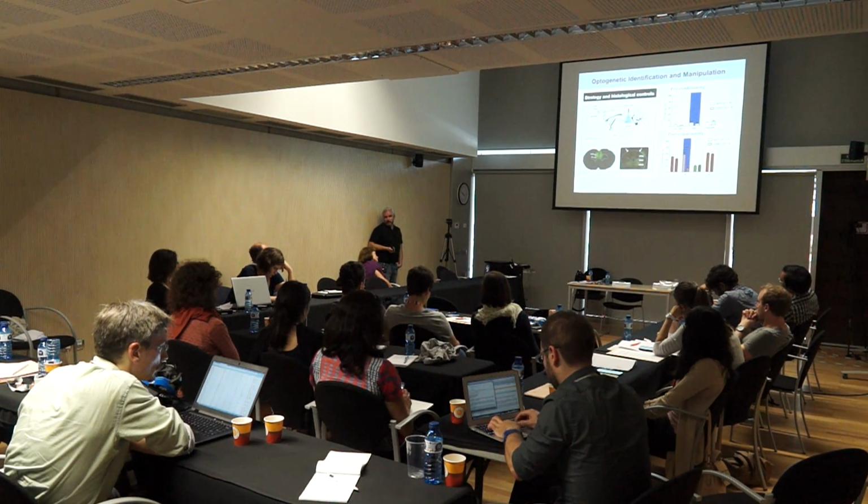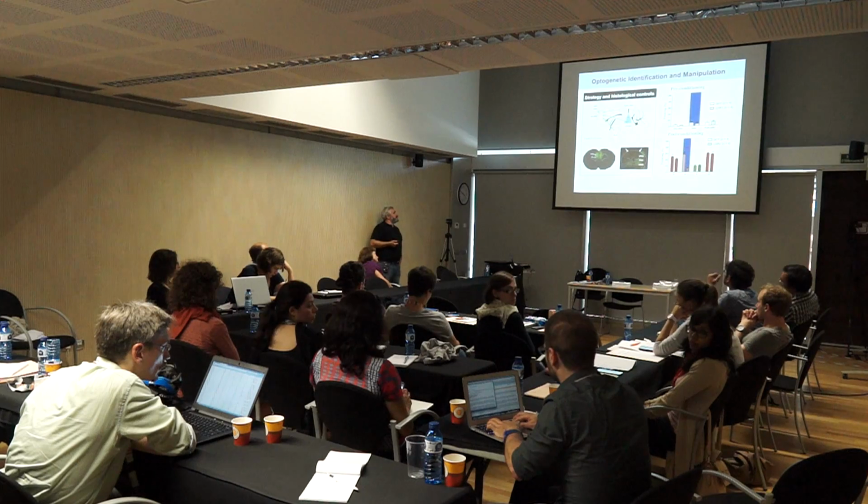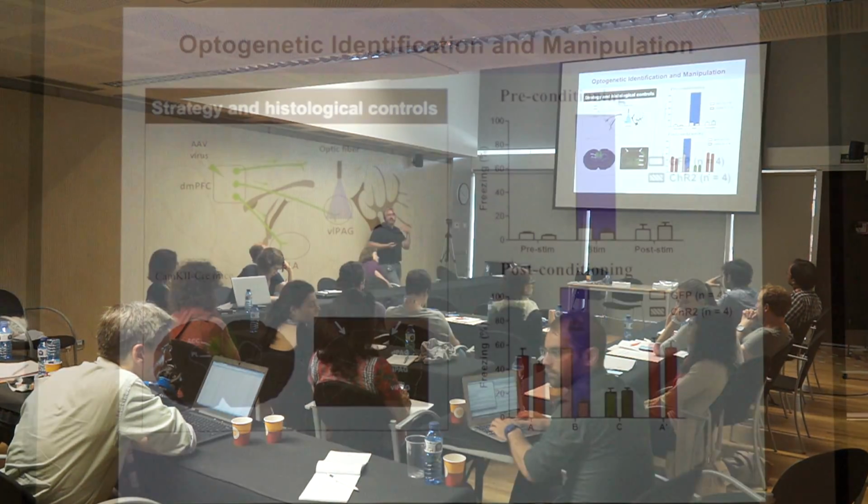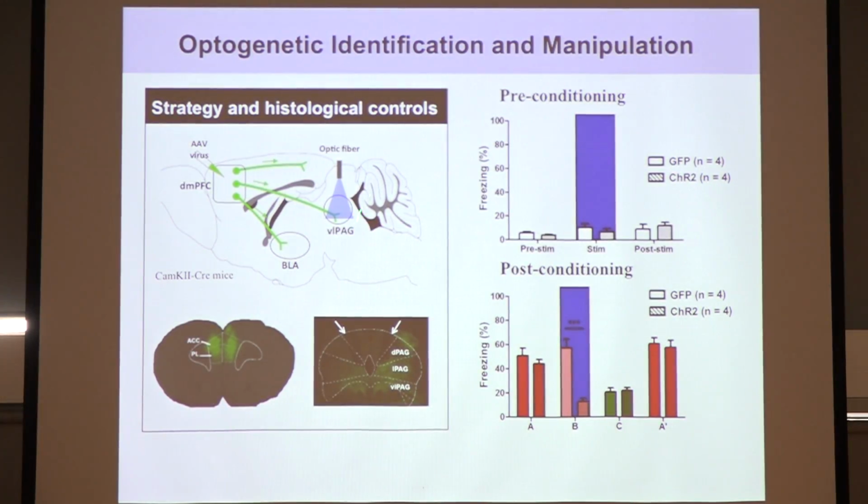So this is critical, it could be an alternative explanation of the result. You do not impact the VL-PAG, but you impact just en passant fibers. So it is important to control for that, for this kind of experiment.